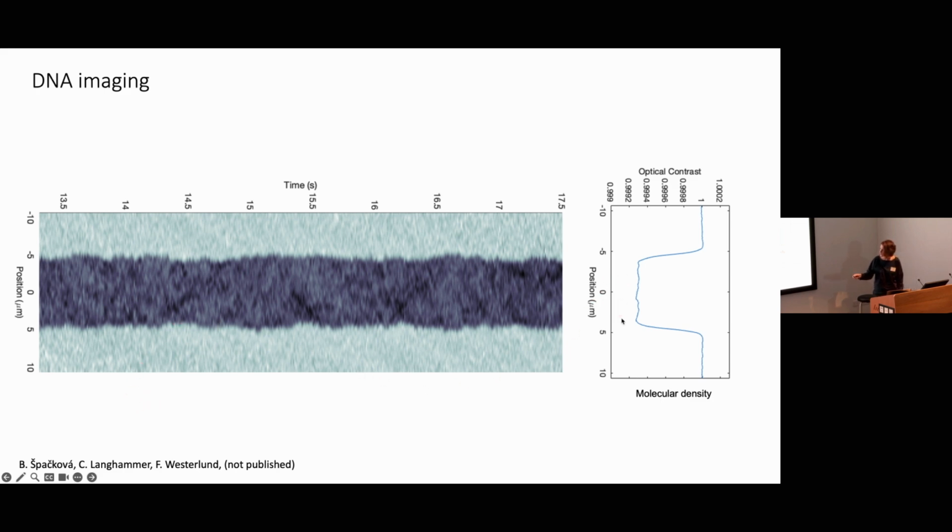Here you might see some parts that are darker. That's because the DNA still has some flexibility. So those are the portions of time when the DNA bundles and stretches again.